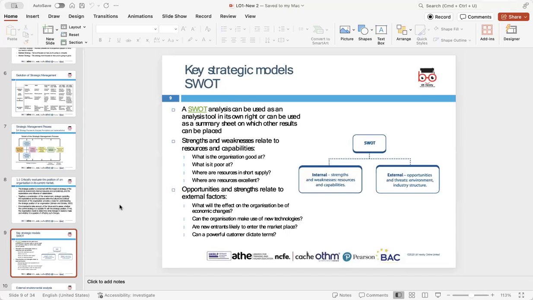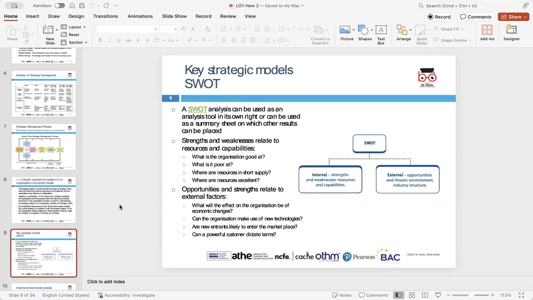Strengths and weaknesses are concerned with internal factors related to the organization's resources and capabilities. These aspects focus on what the organization excels at and areas where it may be lacking, where resources are either in short supply or particularly strong. Opportunities and threats are related to external factors that can impact the organization.